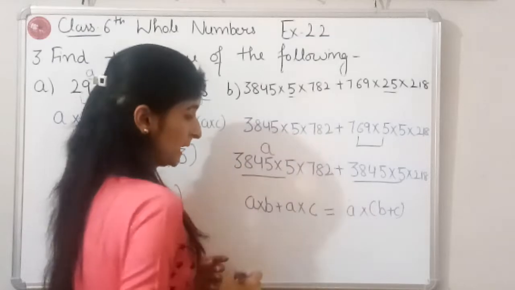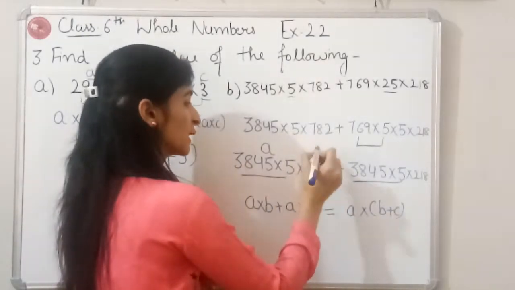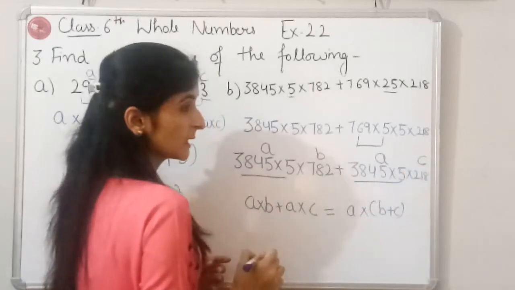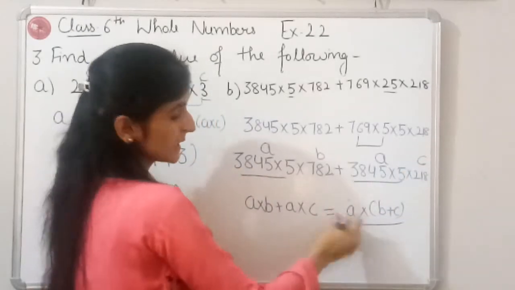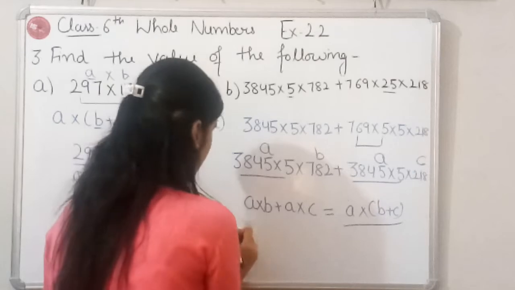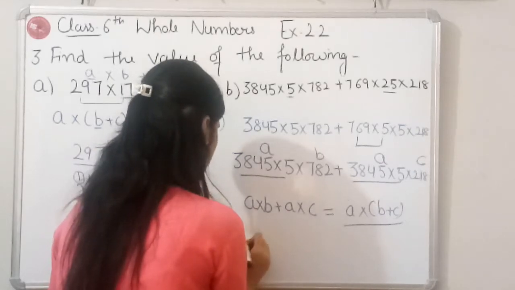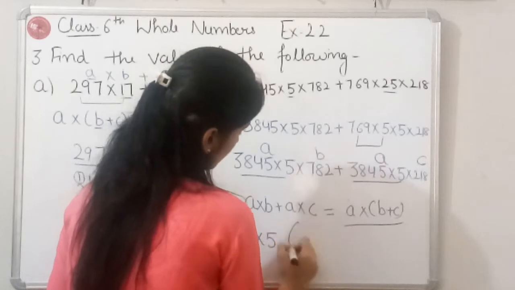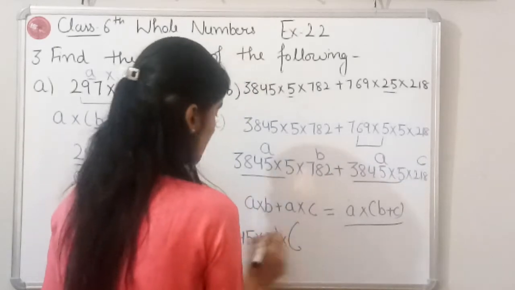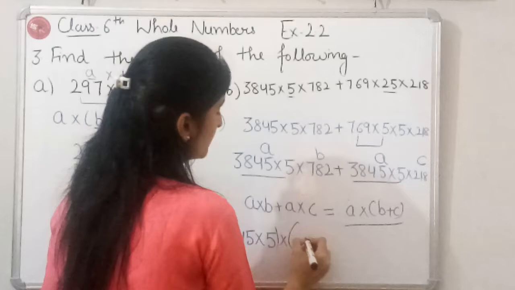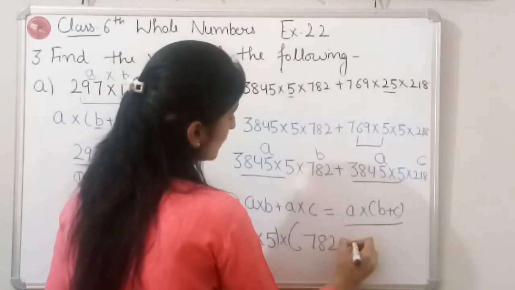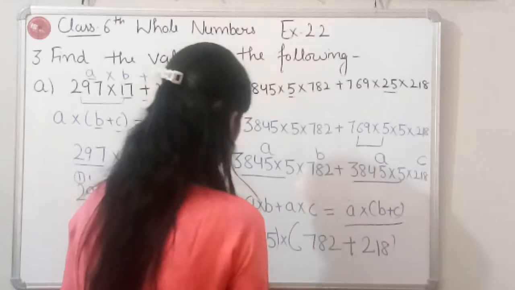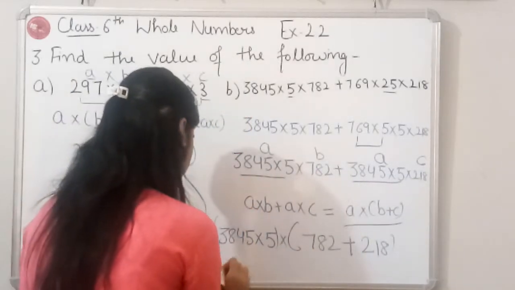This is A and this is B. This is A and this is C. Now we have to write in this form. What is our A? A is 3845 multiplied by 5. Then B plus C. What is B? 782, plus C is 218.